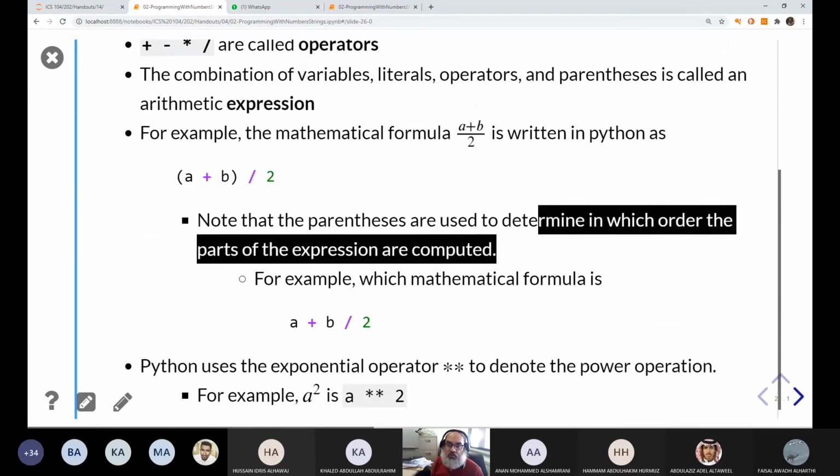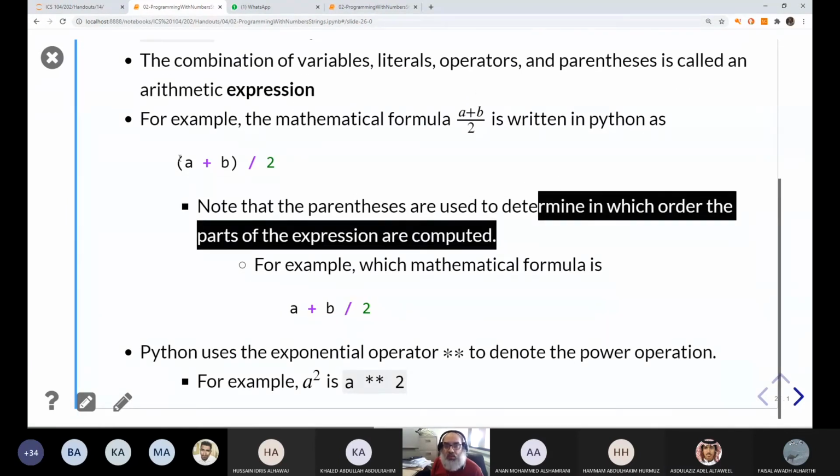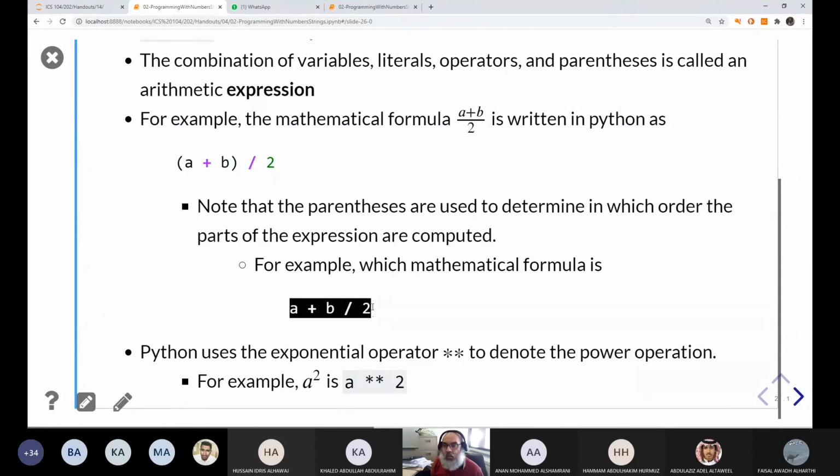For example, if I remove the parentheses, what is this? It is b over 2 plus a. So this is a plus b over 2, which is different from the one with parentheses.